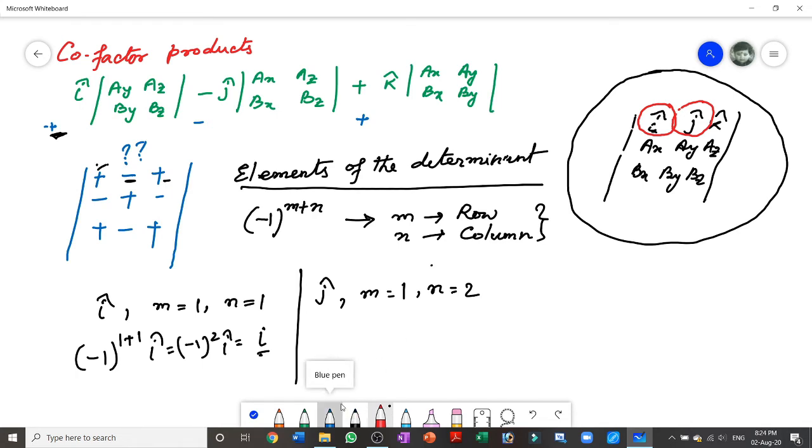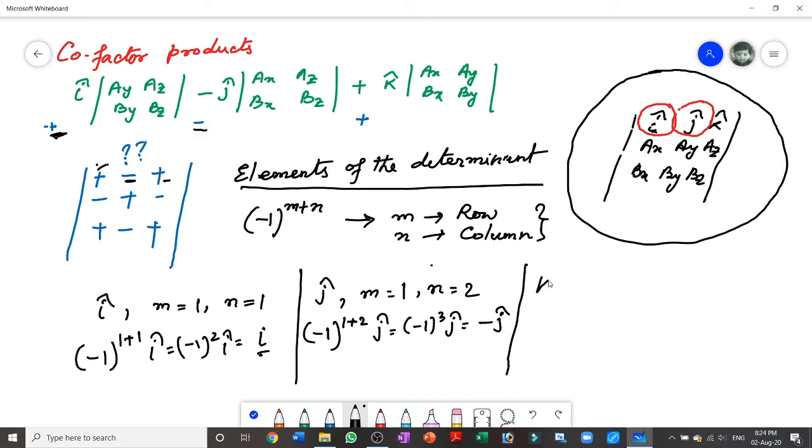So for j we are getting -1 to the power 1 plus 2 into j cap, that is -1 to the power 3 j cap, that is minus j cap. That's why we are getting this sign minus. Again for k cap, m equals 1, and the value will be n equals 3.